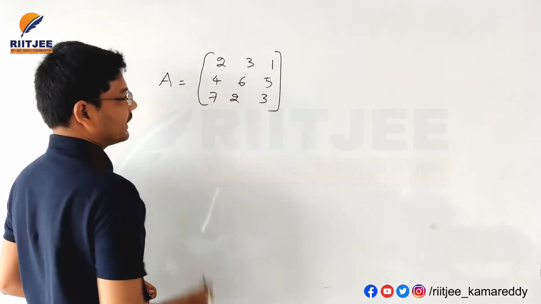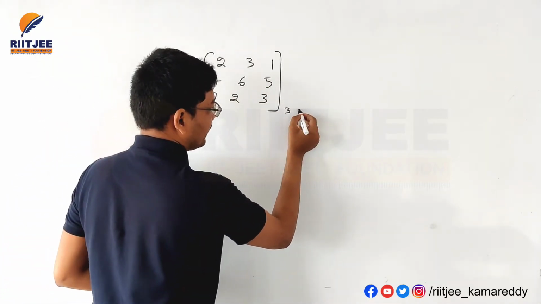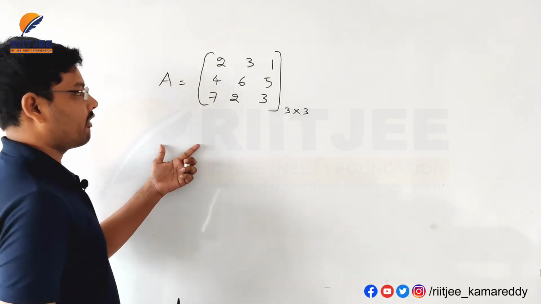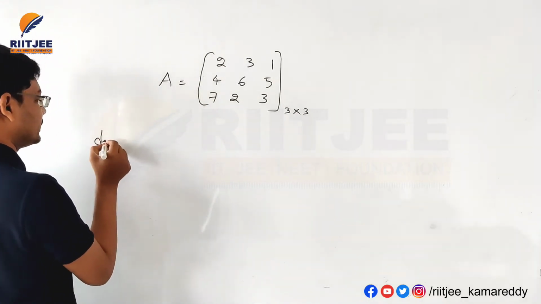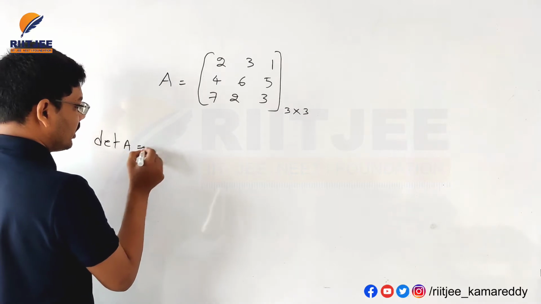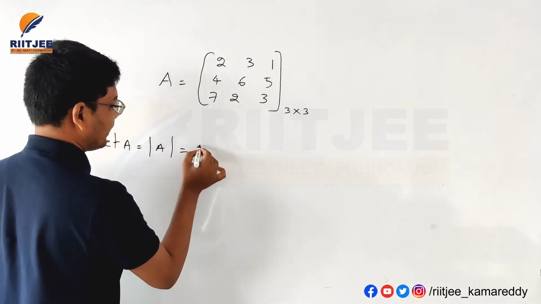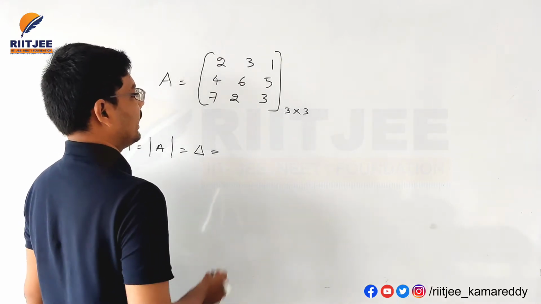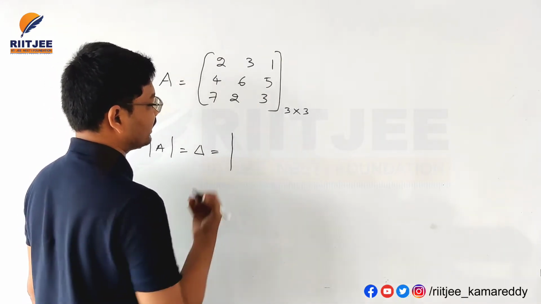This is a matrix of order 3 by 3, and it is a square matrix. For this matrix I am now finding the determinant, denoted by det A, mod A, or delta.